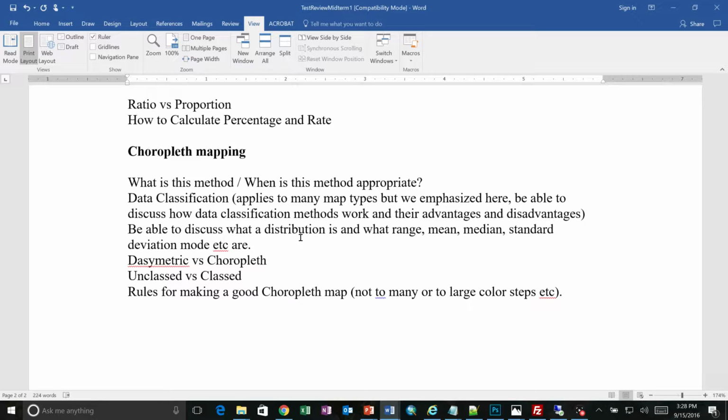All right, now this data classification, we talked about it this week, so I threw it down here. It's emphasized here. You basically need to be able to discuss the way that the question's set up: you should come up with or remember at least 2 or 3 of the classification methods, how they work, and be able to describe how they classify, and that includes natural breaks.